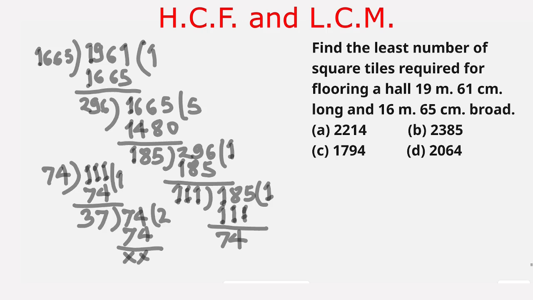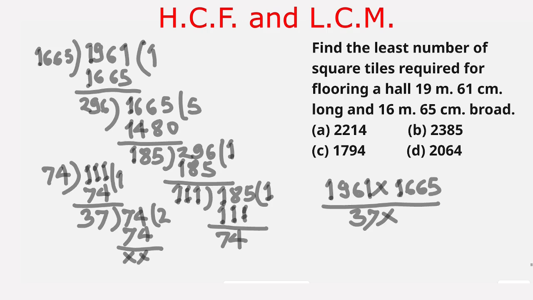For finding the number of tiles, we divide the length and breadth of the hall by the length and breadth of the tiles. So we divide 1961 multiplied by 1665 by 37 multiplied by 37. 37 divides 1961 for 53 times, and 37 divides 1665 for 45 times.